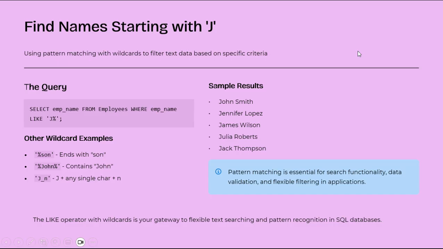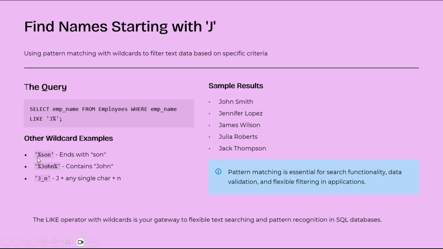Let's move to the next. Find names starting with J. So using pattern matching with wildcards to filter text data based on specific criteria. The query will be select emp underscore name from employees where emp underscore name like single quote J and the percentage sign. So it will give you the names where emp name is starting with J. The number of characters after that can be anything.